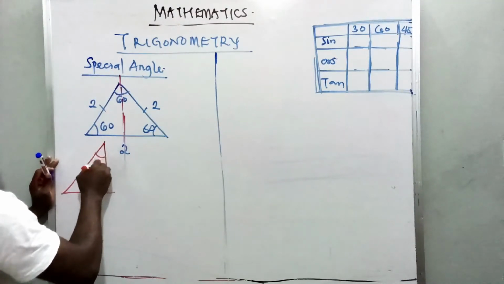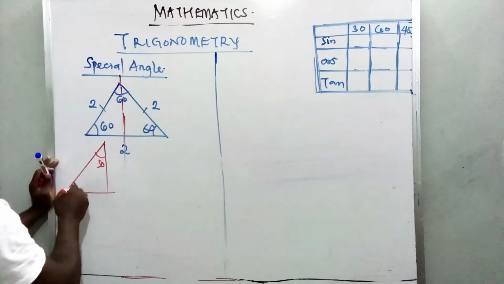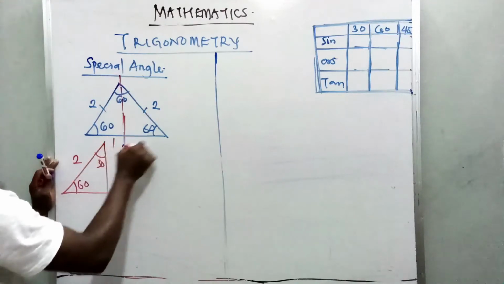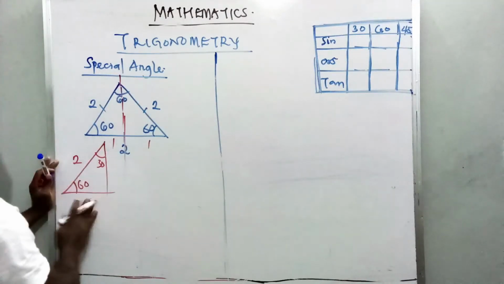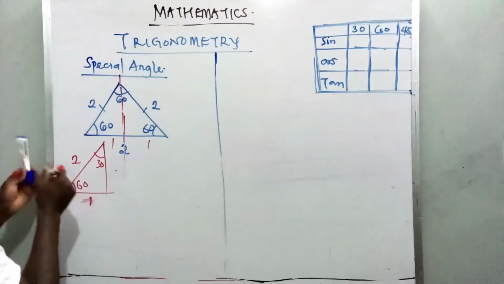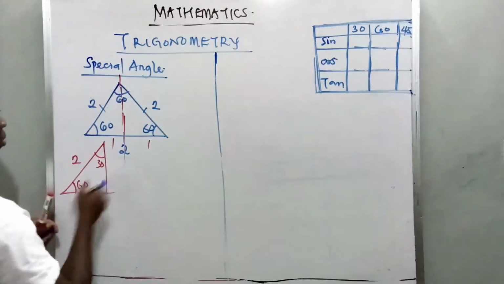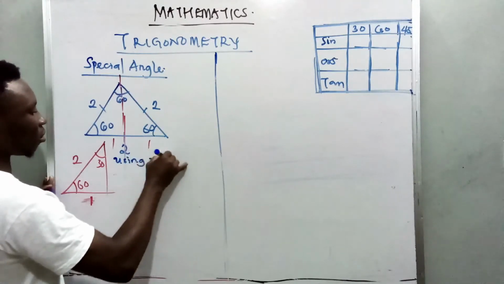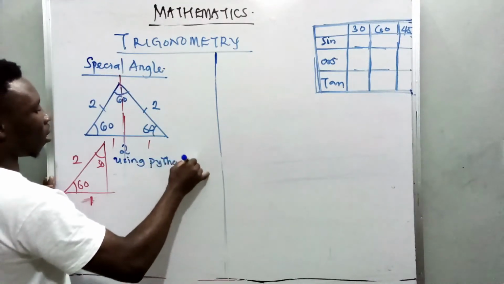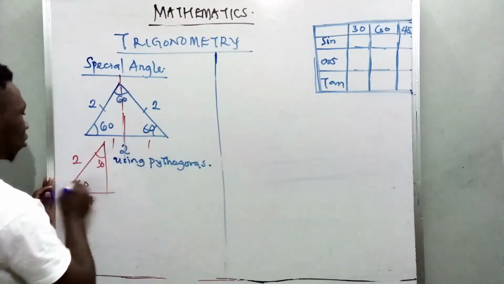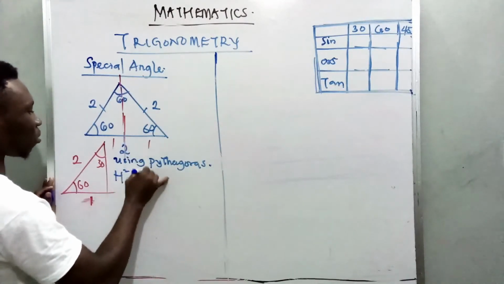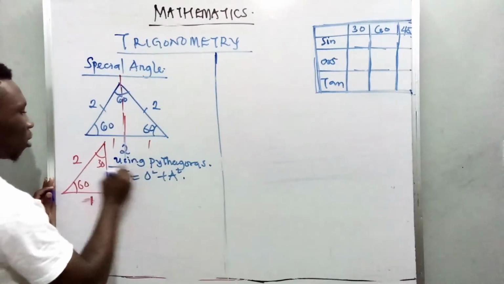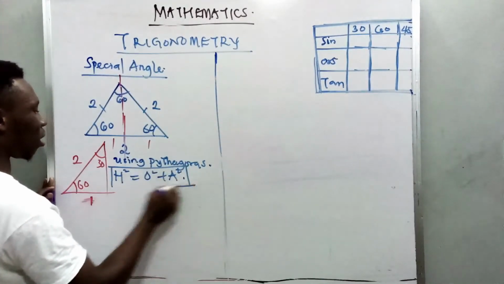After bisecting, this is what we're going to have. 30 degrees here, 60 degrees here. I'll have here as 2, here is now 1, 1. So we have to find this other side. To find it, we use Pythagoras, which says your hypotenuse squared is equal to opposite squared plus adjacent squared.